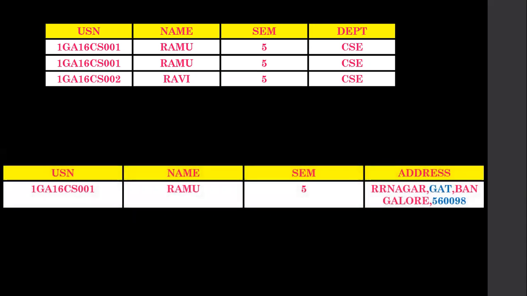Now if I take this example, the value entered for address is a complex or composite attribute. The values are composite, meaning they can be divided further. These types of values will not be accepted by the relation, because it is an inherent implicit property of a table to accept only atomic values.